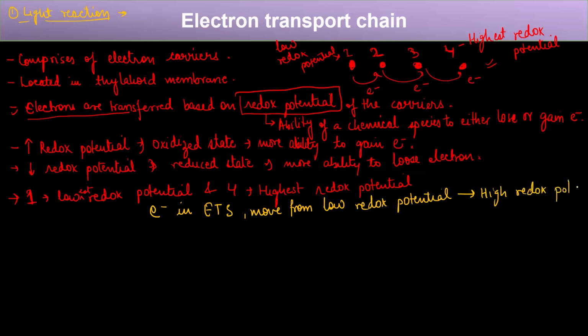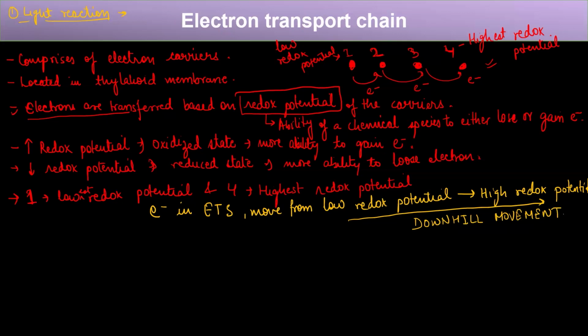And this movement is known as downhill movement. It was discovered by a scientist named Hill and is known as downhill movement. So this is about the electron transport chain.